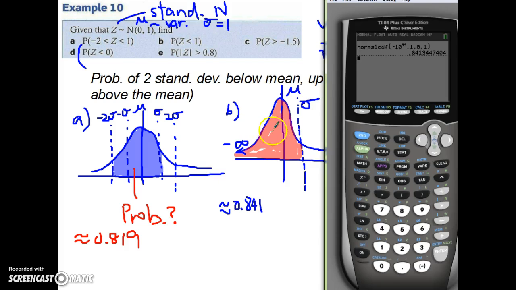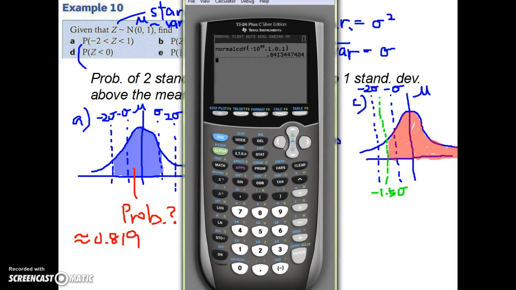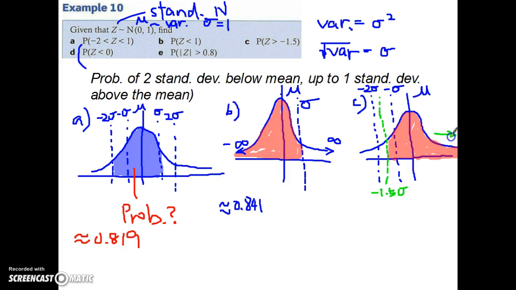If you use a calculator, I'm going to use the same thing. Second, distribution. Go to normal CDF. My lower bound is going to be negative 1.5. My upper bound, where am I going to the right? I'm going towards positive infinity, right?